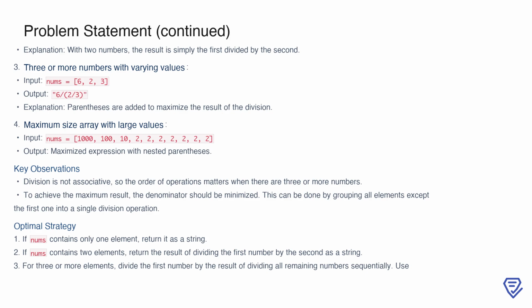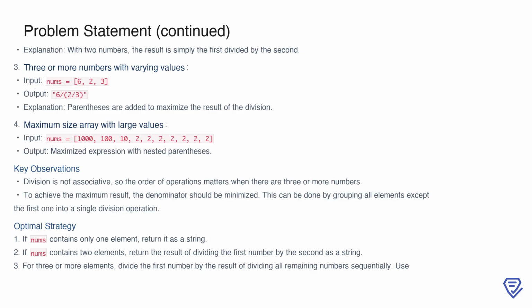When the array contains three or more numbers, parentheses become critical for maximizing the result. For example, if the input is 6, 2, 3, we should group the numbers as 6/(2/3). This arrangement minimizes the denominator, since dividing 2 by 3 gives a smaller value of approximately 0.6667.